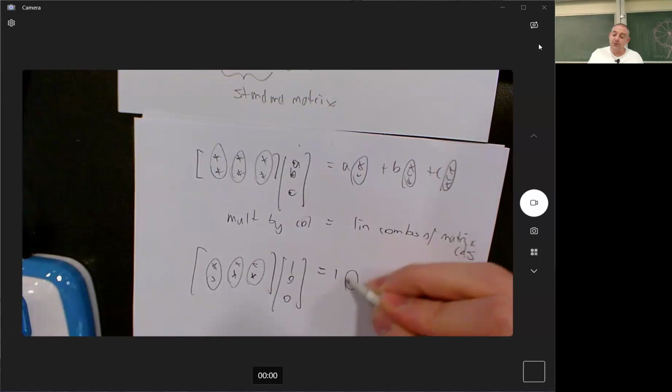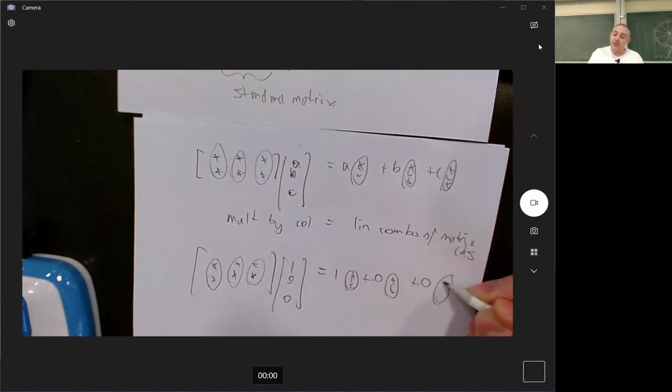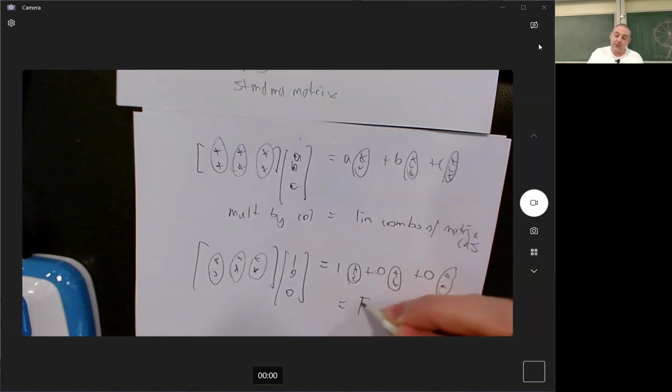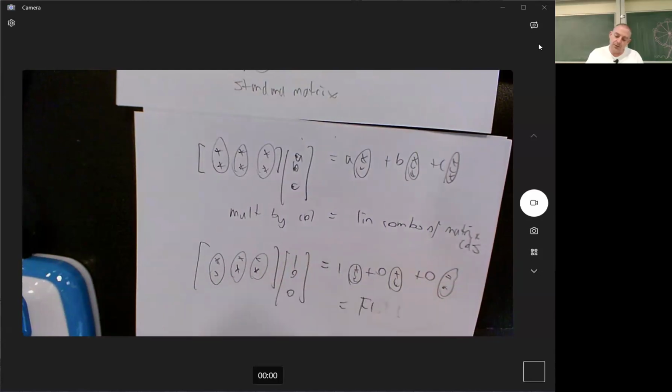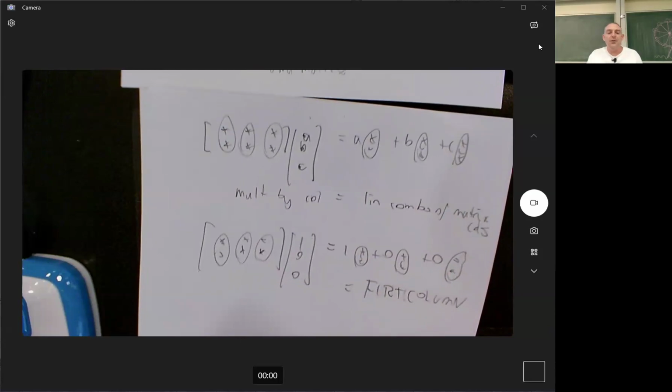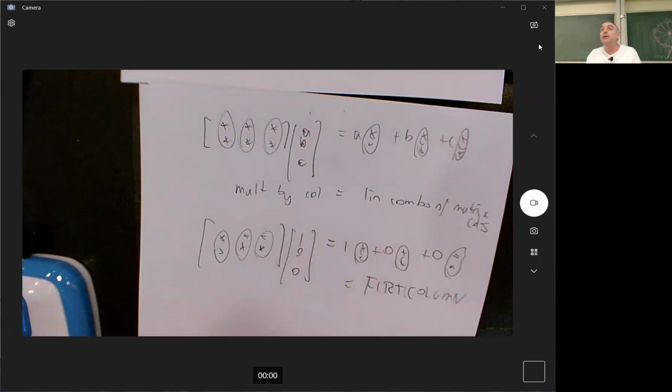So that'll be 1 times the first column, and 0 times the second column, and 0 times the third column. And so that will be the first column. And if I multiply by 0, 1, 0, that will be the second column. And if I multiply by 0, 0, 1, that will be the third column. And so therefore, what I need to know is what G does to 1, 0, 0, 0, 1, 0, and 0, 0, 1.